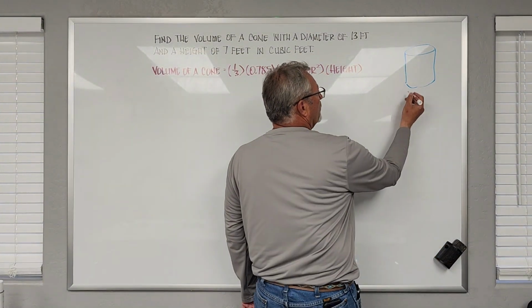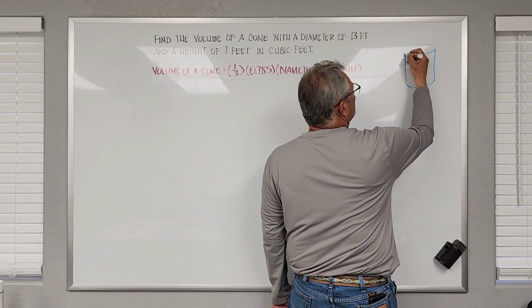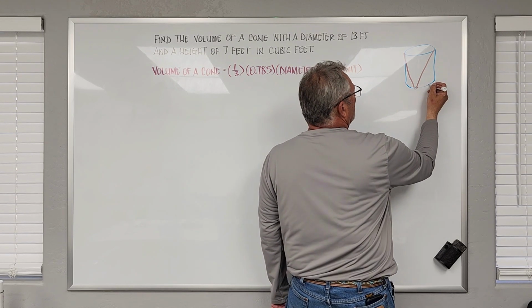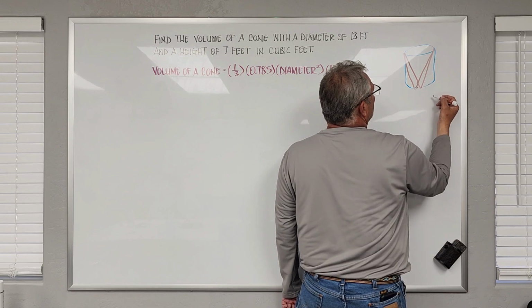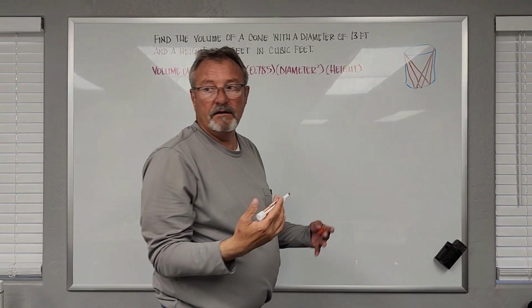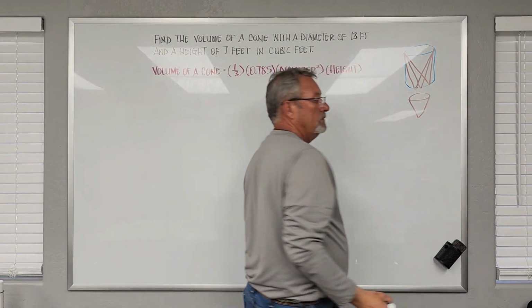You can pick any point along here, say there, and you could draw a line like this and like that. A cone might be dead center, like this. It might go out to this side. But what we have here is a cone.